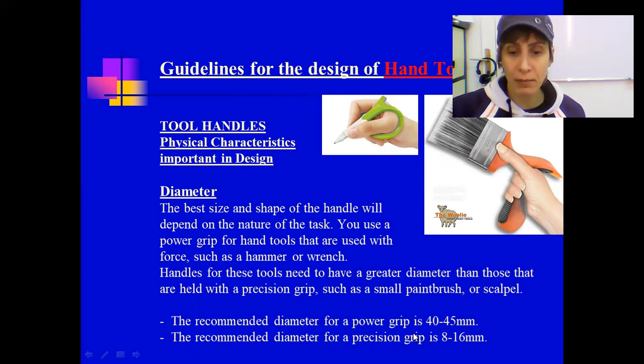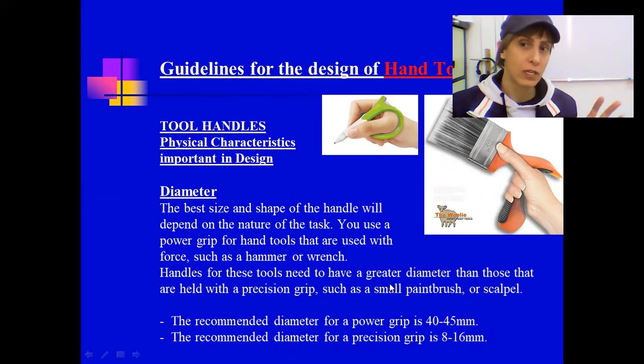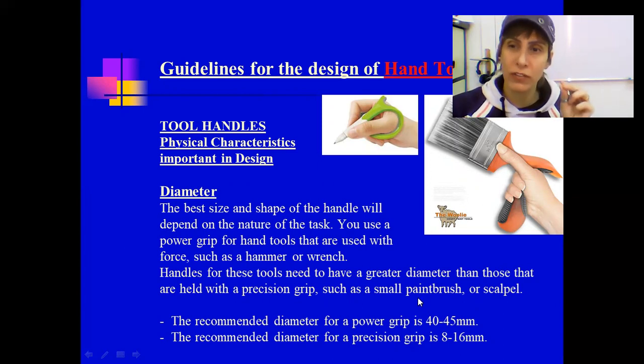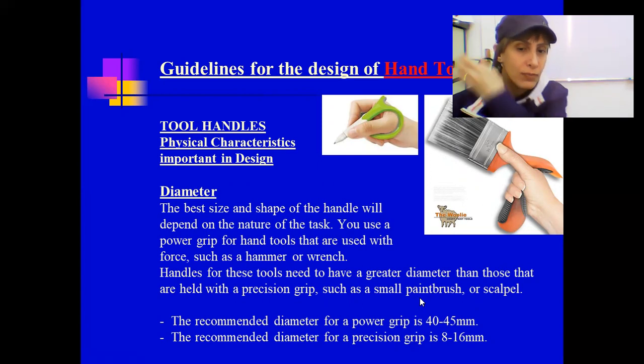The recommended diameter for precision grips is 8 to 16 millimeter. This is in general. But these values are, as I said, in general. Sometimes you can have a variation depending on exactly what the function of the tool you're designing is and who will be using it.